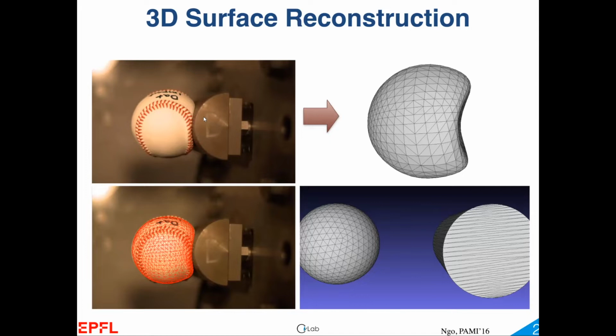Now, you might wonder, why am I modeling baseballs? Because, well, it's not really a popular sport in Europe. The reason is that we had a collaboration with mechanical engineers at Washington State University. These guys are the Baseball Lab of America, and they are indeed very interested in what happens when a bat hits a baseball.